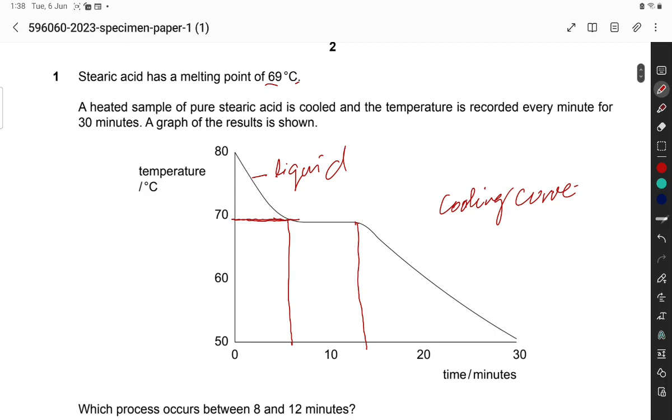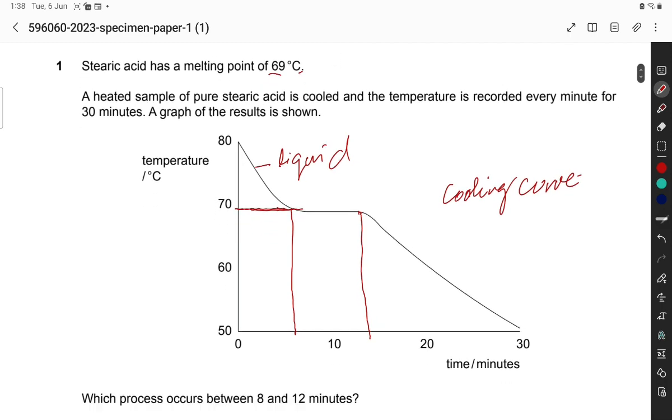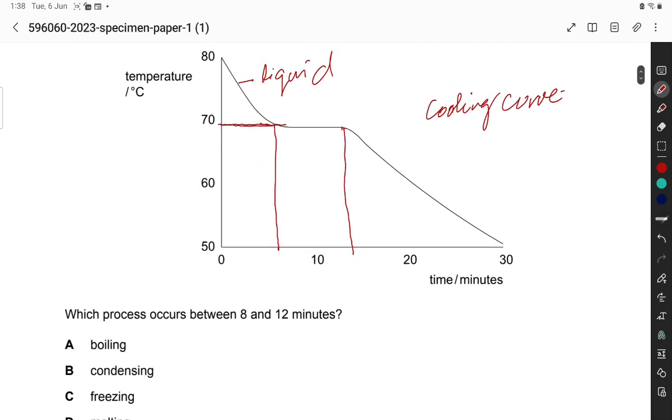So we have to identify which process occurs between 8 and 12 minutes. At this point the liquid is going to solidify, and between 8 and 10 minutes it is going to solid.